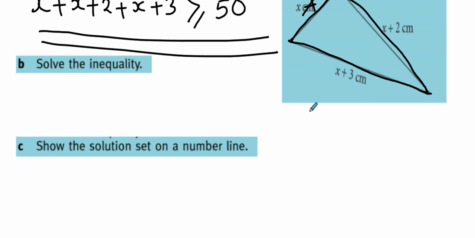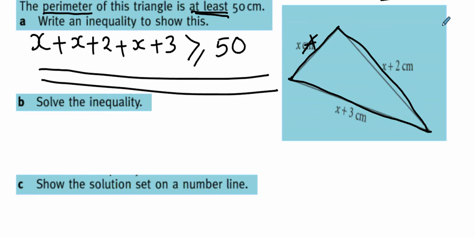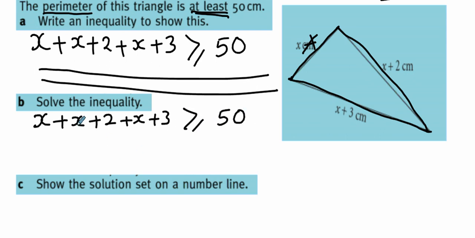Solve the inequality. We want to solve this inequality: x plus x plus 2 plus x plus 3 is greater than or equal to 50. Solving the inequality is done in the same way as solving equations.